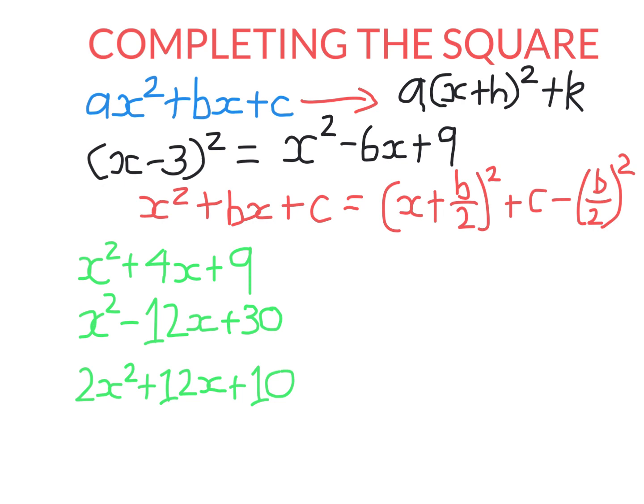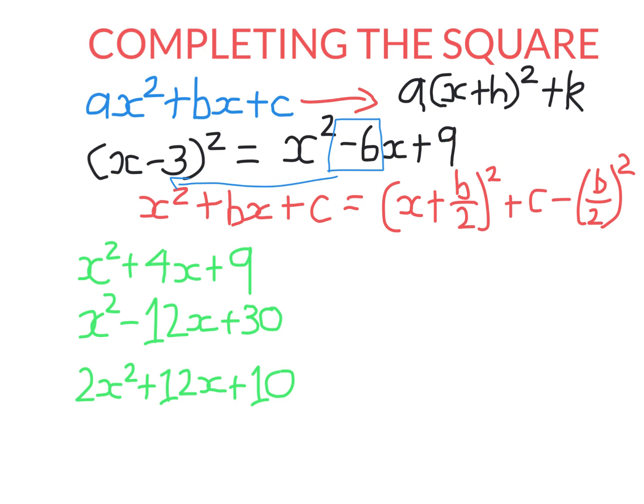So how are we going to go about this? Well, this is based on the fact that if you have a perfect square like x minus 3 squared, if you use FOIL and expand that, you'll get this. The idea here is that this coefficient of x is double what's in the brackets. So negative 3 times 2 is negative 6. This number here is the square of the number in brackets.